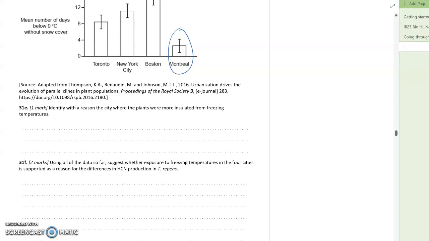So you could say that in Toronto, New York and Boston, you've got more days without snow cover, so more exposed to freezing temperatures, which is different from Montreal.